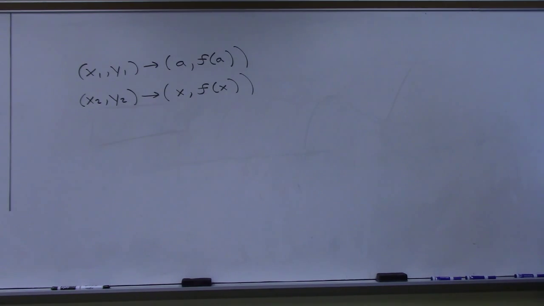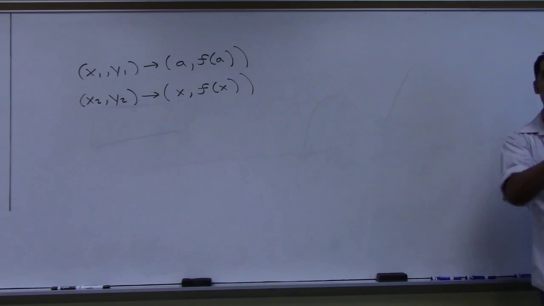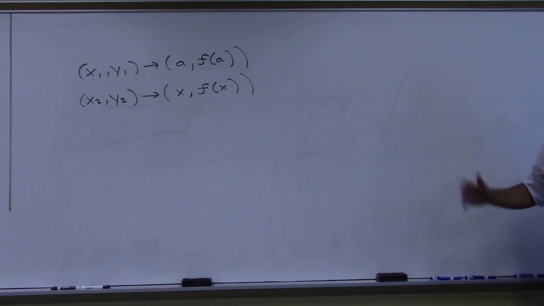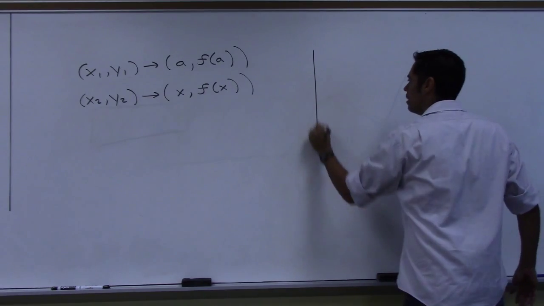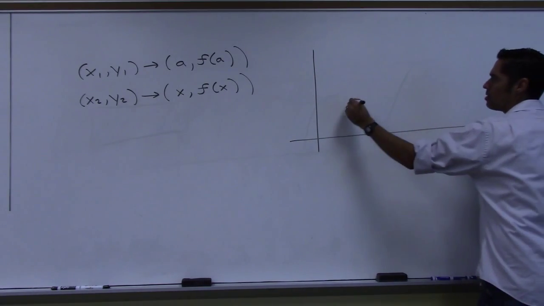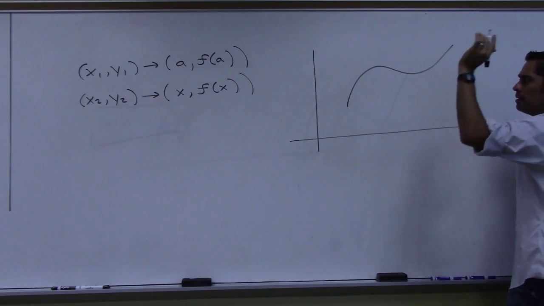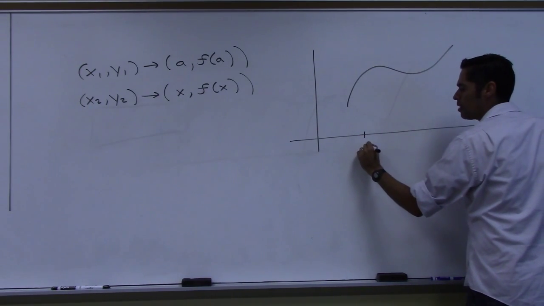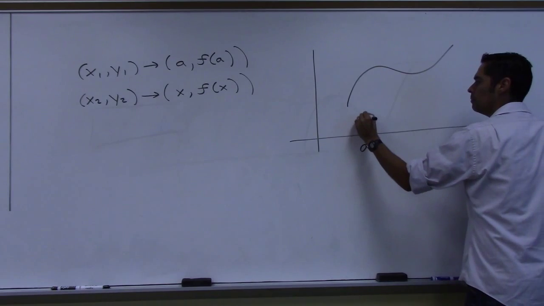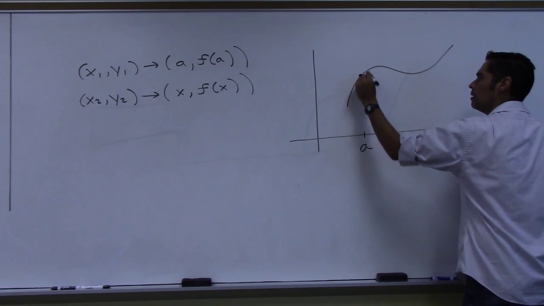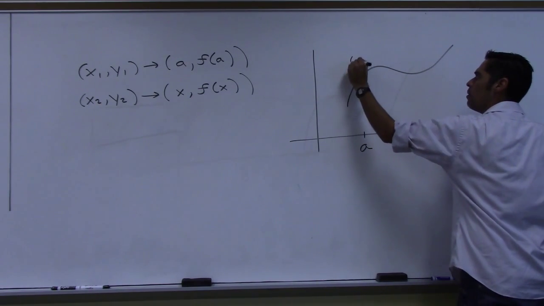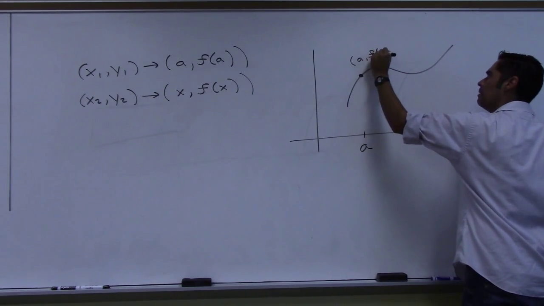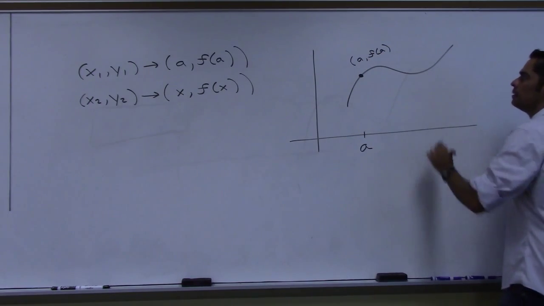Now I'm going to draw a picture, and this time forget the function we were just dealing with, right? Forget it. Let's just act like we have some arbitrary function. And I'm going to just draw it. I really don't know what it looks like, okay? I have no clue what this looks like. But I'm going to place here, I'm going to call this A. Come up here, right? This is the point A, f of A. Do y'all see that?